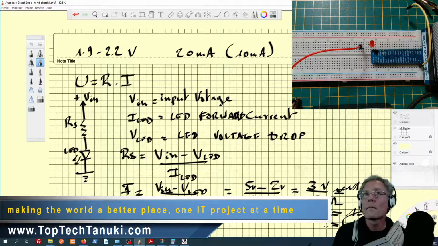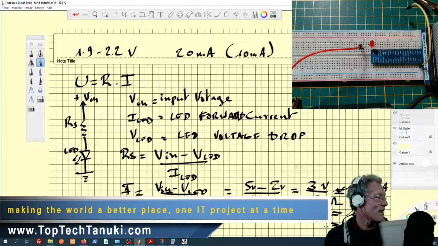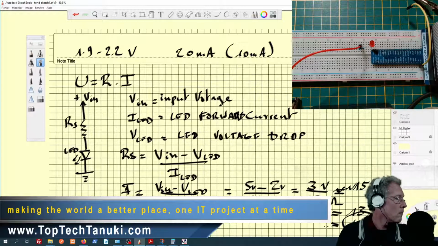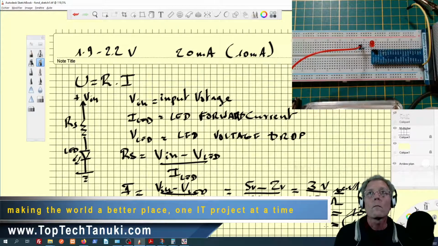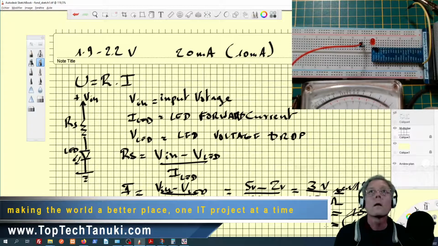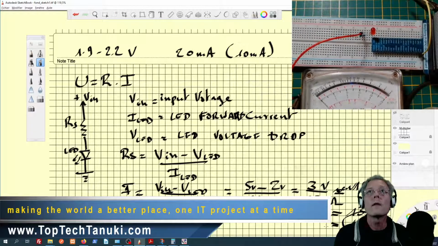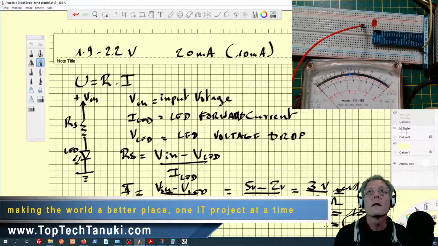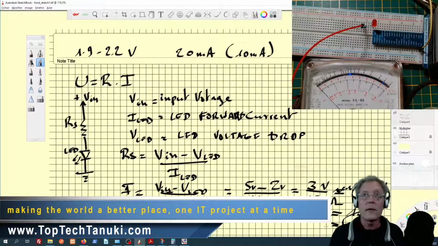Okay, let's check this. What will we see here? Yes, multimeter.